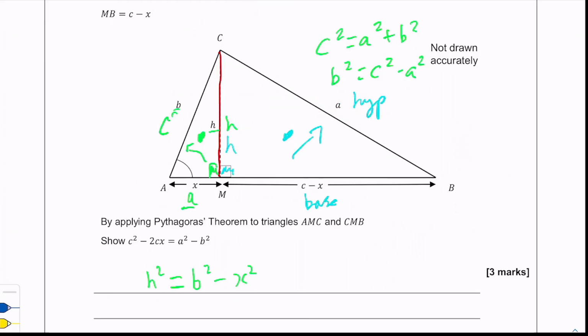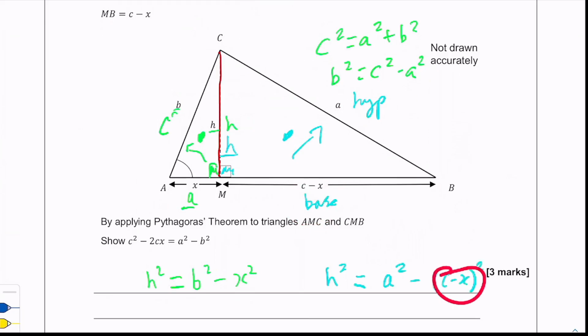Right, so let's now make an expression for H for this triangle. So H squared is equal to the C squared, and C squared for this one is hypotenuse, and that is equal to A. So we've got A squared, and then we've got take away our B squared, which is our base, which is C take away X. So then we've got take away, and we're going to put brackets here, C take away X, because that's all squared.